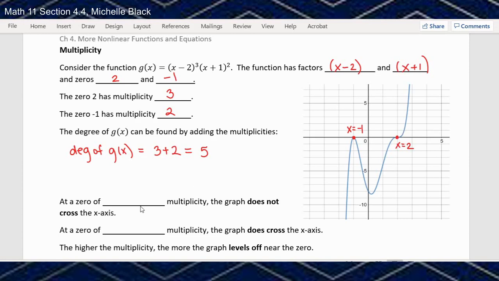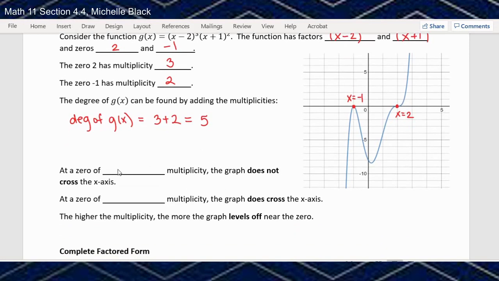What we know is that at a 0 of even multiplicity, the graph does not cross the x-axis. So when we had even multiplicity of 2 at x equals -1, notice we just touch the x-axis.